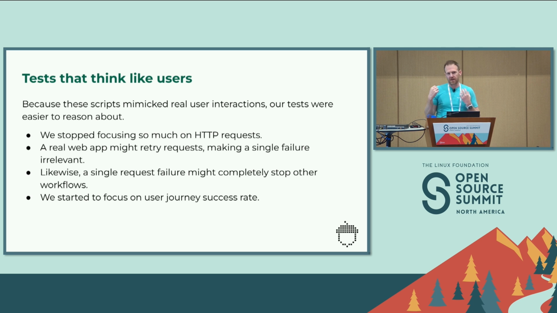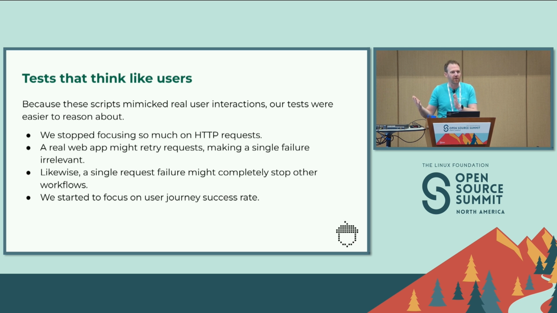So this also allowed us to do some cool things like, in some places in our application, the application would retry requests when they failed. And that's not something that we were getting in K6. We weren't able to mimic that behavior easily. But since we were driving a browser, we didn't care that the request was failing for some weird reason, or maybe it was overloaded.